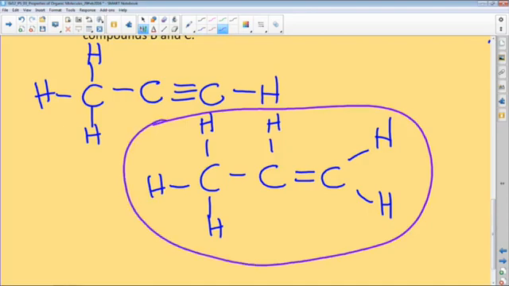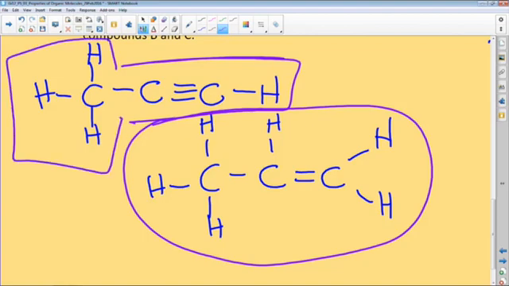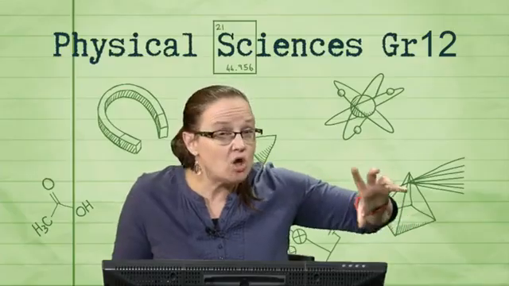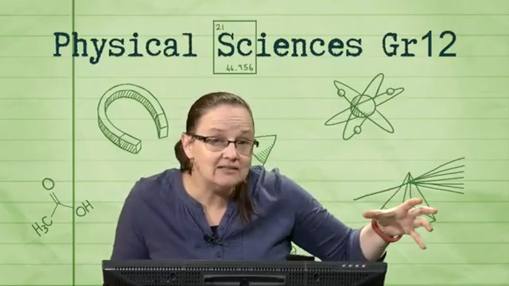The alkene, as I've written it here, is a little more symmetrical than the alkyne, so the alkyne tends to be more polar. It's not very polar, but it is a little more polar.